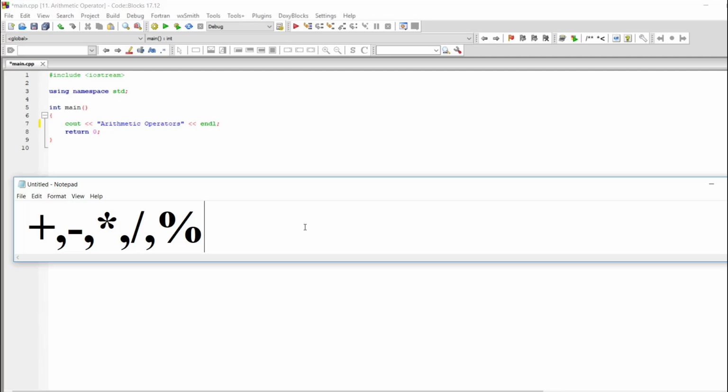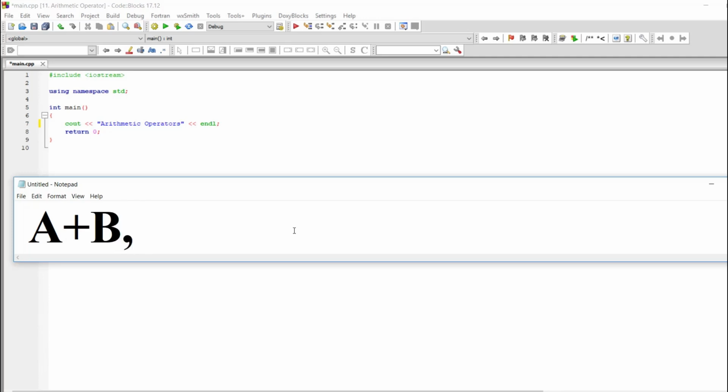So let's say for the plus, it is A plus B. That is the first one you use.